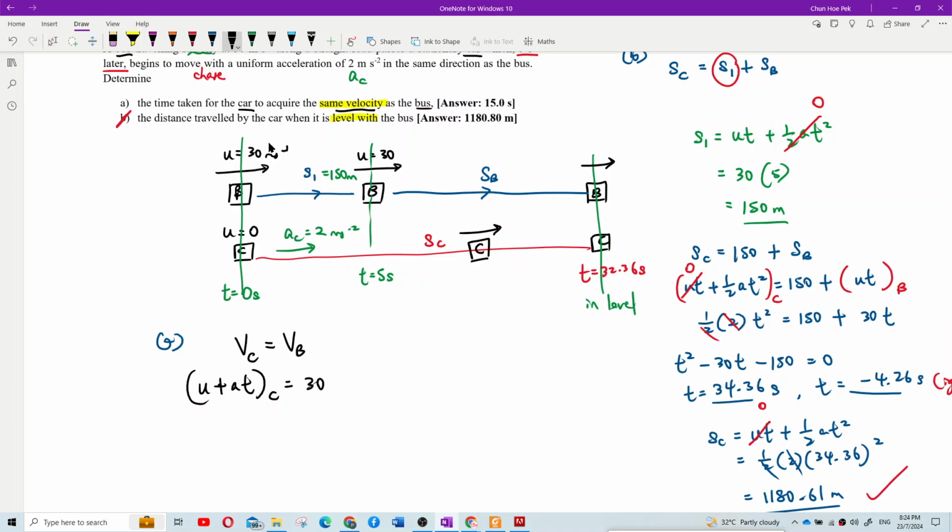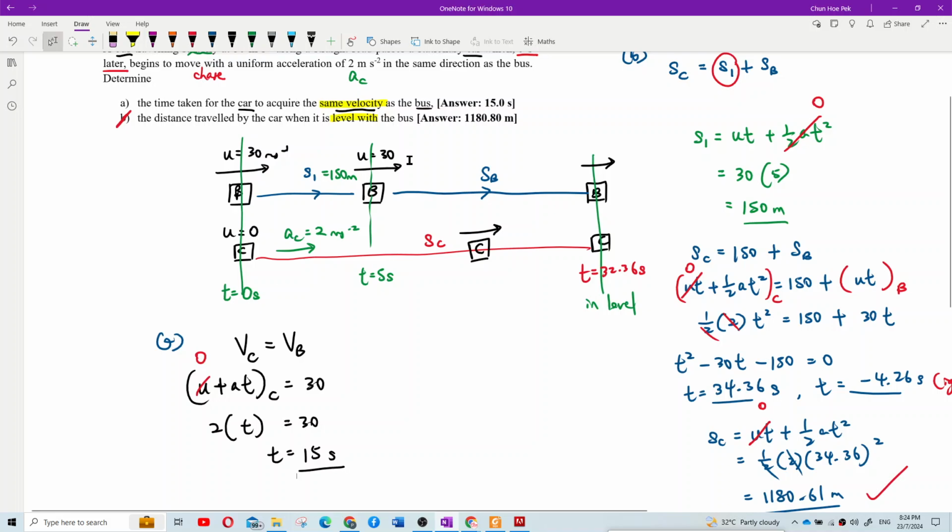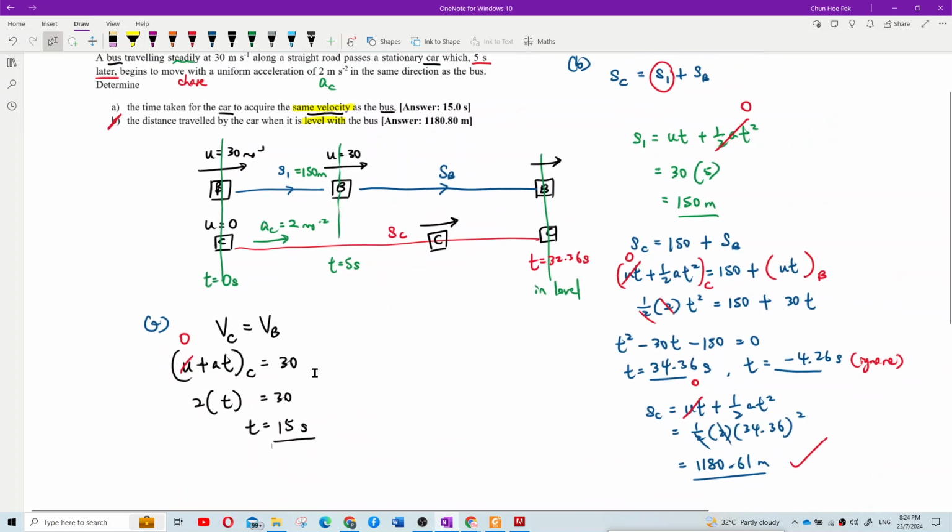So initial velocity of the car is of course 0, and then he gives chase at the acceleration of 2. Find the time. Actually, this is simple, yeah. So the time taken is 15 seconds. Yeah, 15 seconds. So that's the time when they have the same velocity.